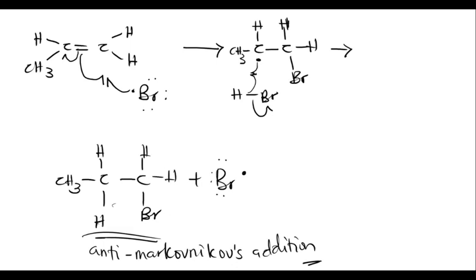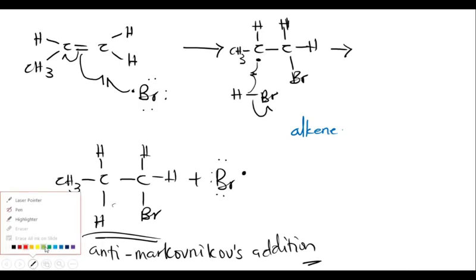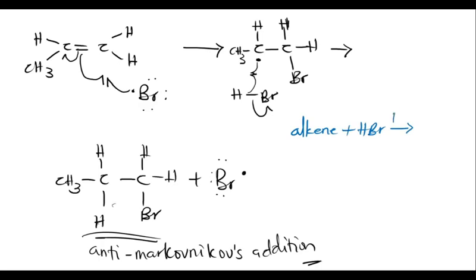Okay, also before we continue, we need to note something. This reaction, let me use another color to demonstrate that, is only possible if we add an alkene to hydrogen bromide in the presence of a peroxide, to get our anti-Markovnikov's product.